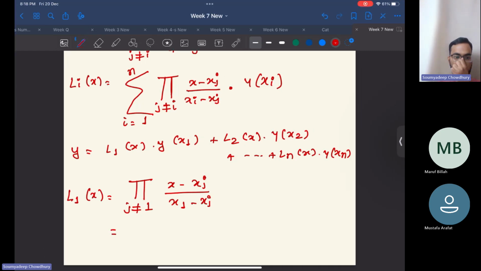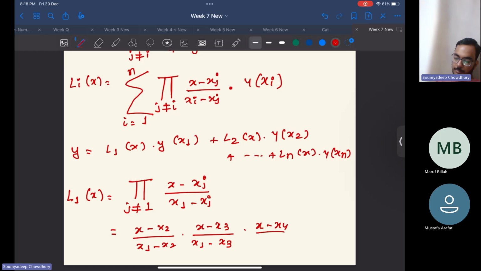Since it is L1, j will not be equal to 1, so it will start from 2. So it is basically (x minus x2) upon (x1 minus x2) into (x minus x3) upon (x1 minus x3) into (x minus x4) upon (x1 minus x4). Like this it will continue up to (x minus xn) upon (x1 minus xn).